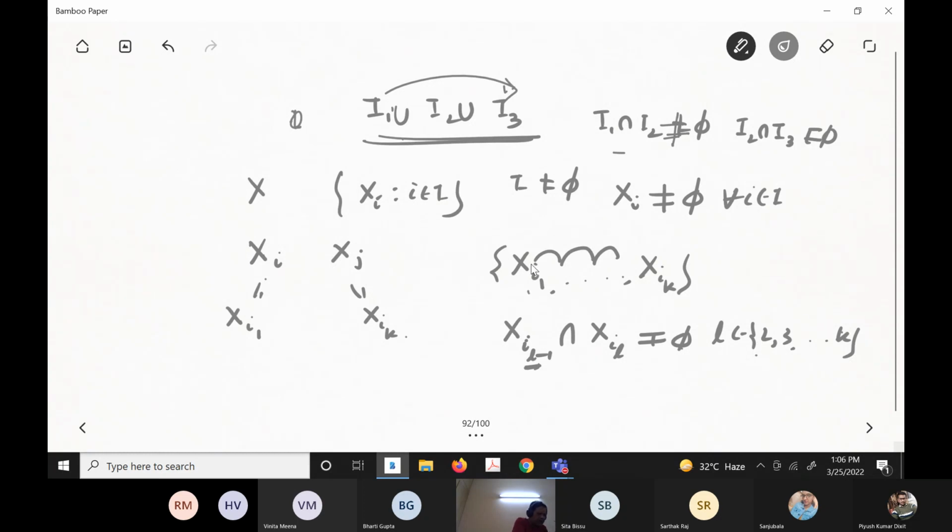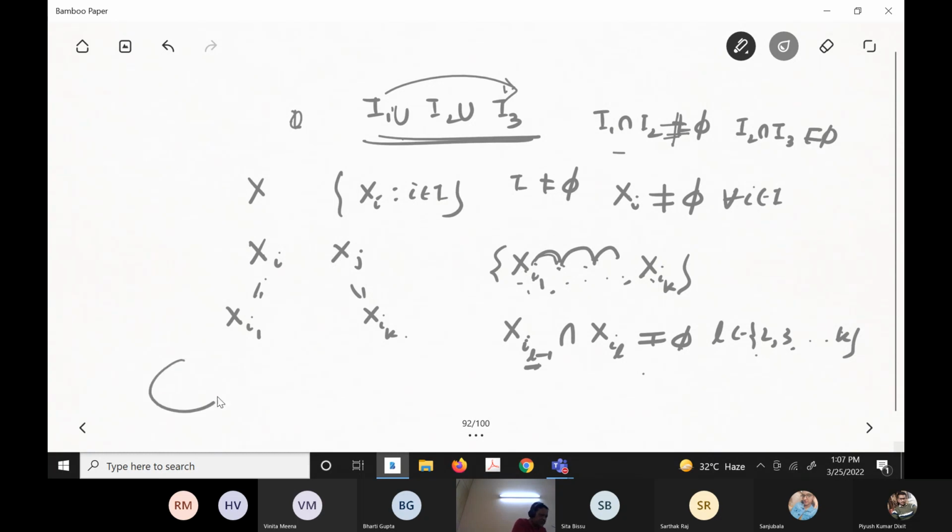Be careful, I am not saying this one and this one has non-empty intersection, nor this one and the third one. I am saying only with the next one it has non-empty intersection. This one has non-empty intersection with the next, which has non-empty intersection with the next.